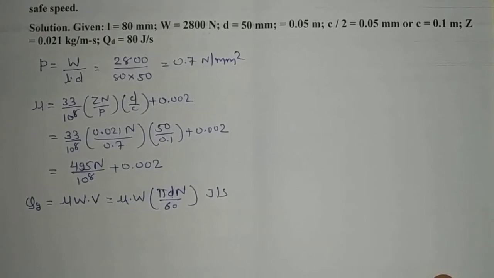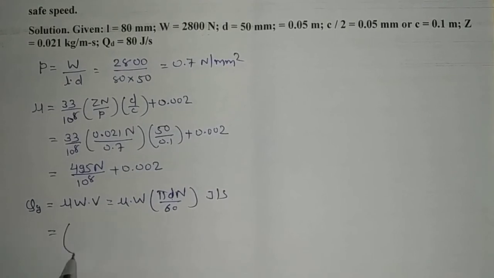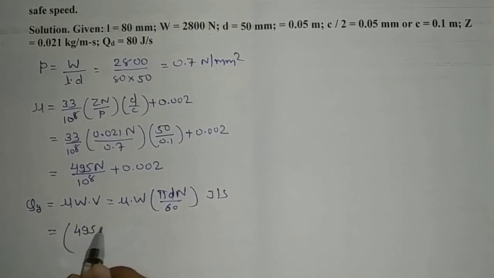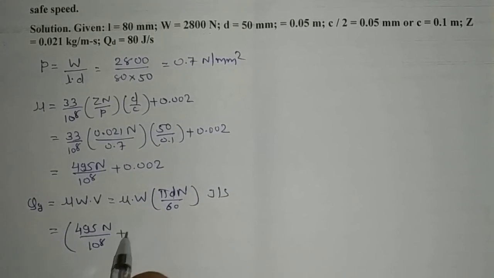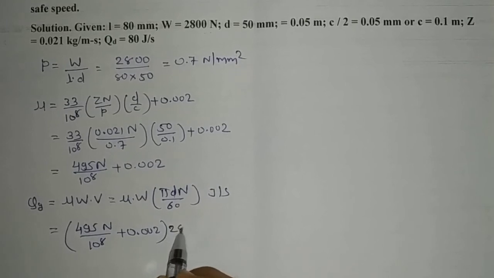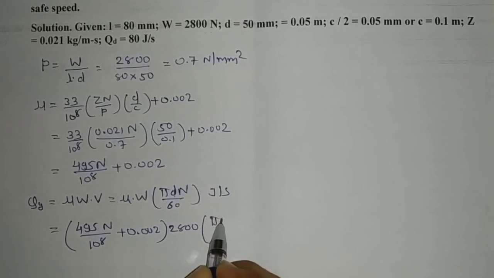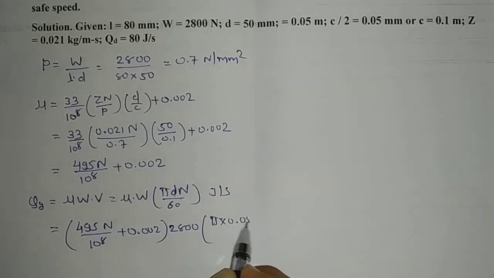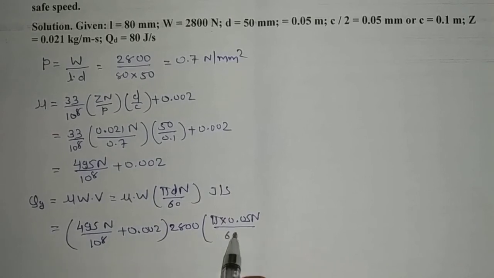Now put the values in this equation: mu is equal to 495 N upon 10 raised to 8 plus 0.002, into 2800 into pi into D, which is 0.05, N divided by 60.